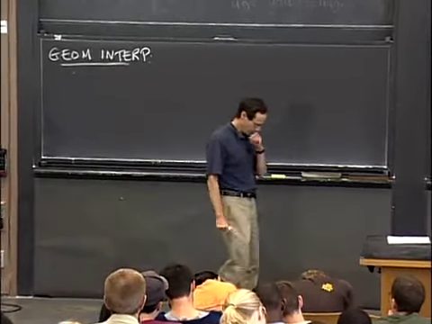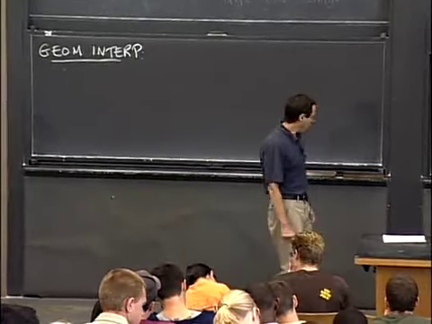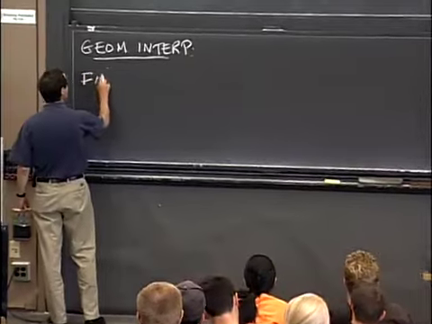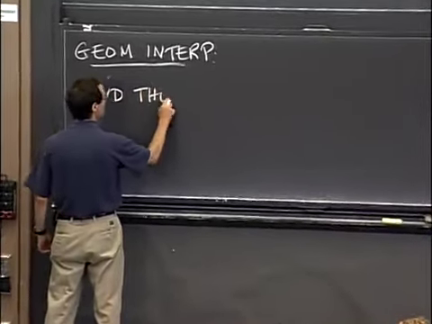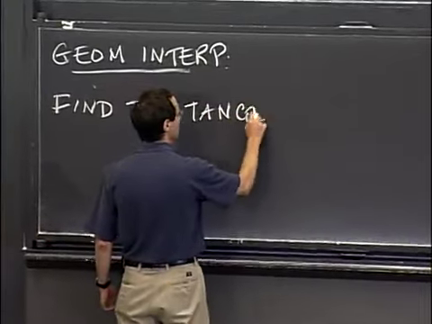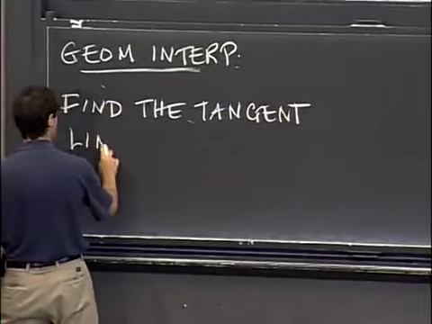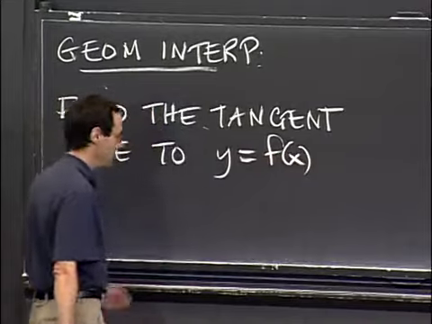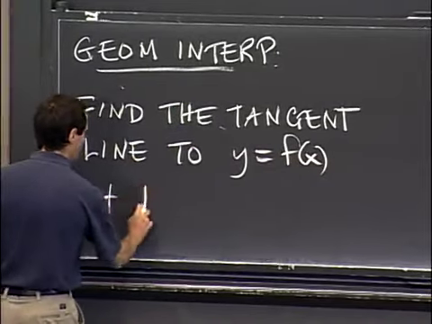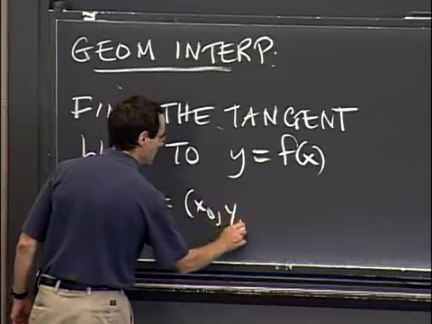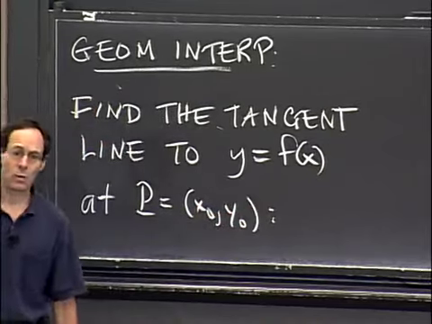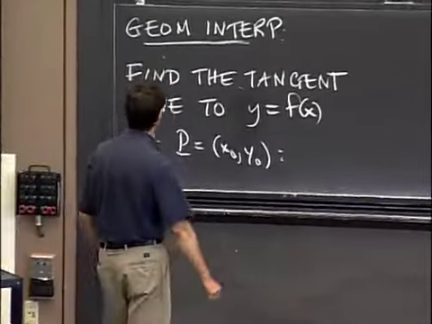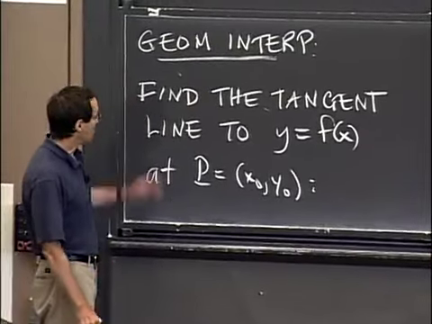And what we're going to do is just ask the geometric problem of finding the tangent line to some graph of some function at some point, which is, say, x0, y0. So that's the problem that we're addressing here. I guess I should probably turn this off. All right. So here's our problem.